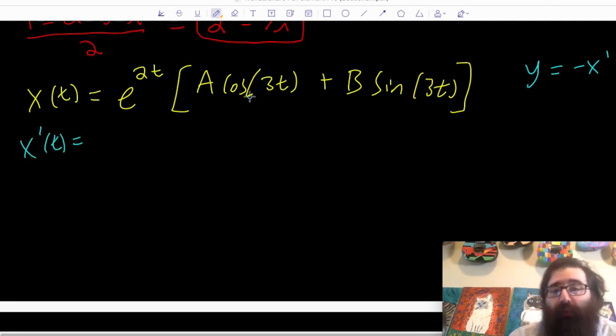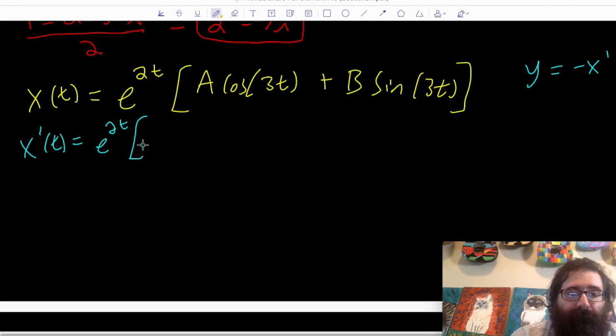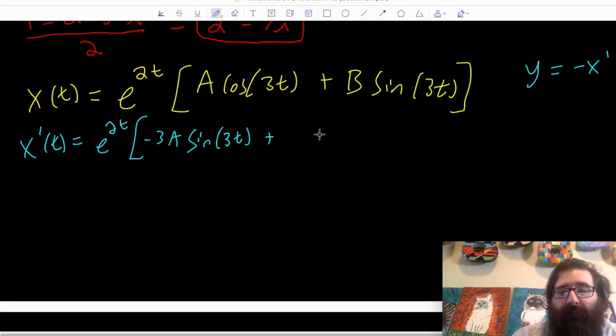And this is going to mean product rule with chain rule all over the place. So I'm going to rewrite e to the 2t. Derivative of a cosine 3t with chain rule is going to give me negative 3a sine of 3t plus derivative of b sine of 3t. I'm going to get b comes along, I get cosine of 3t, inner derivative gives me a 3, and then I want to add to this.